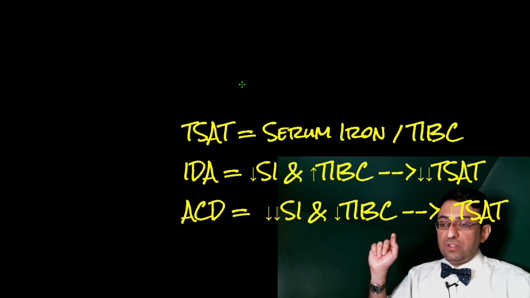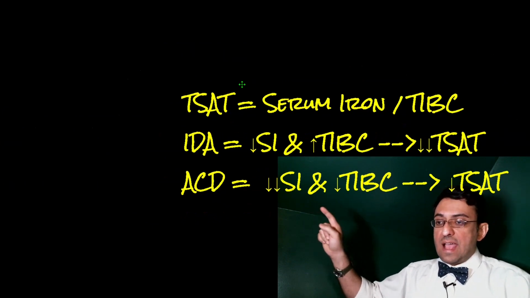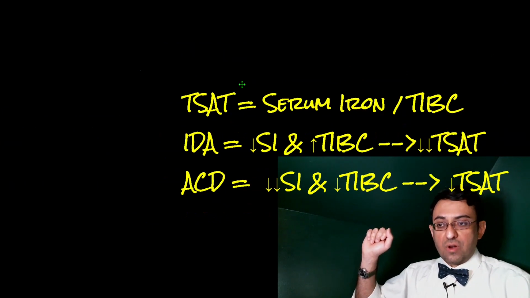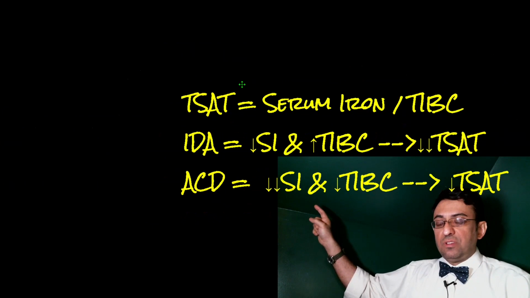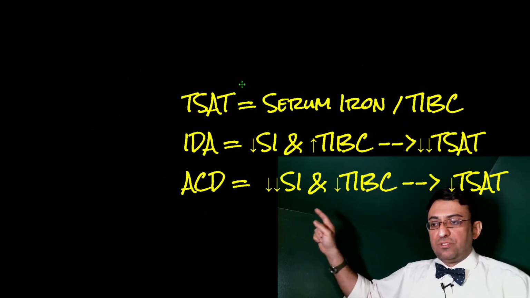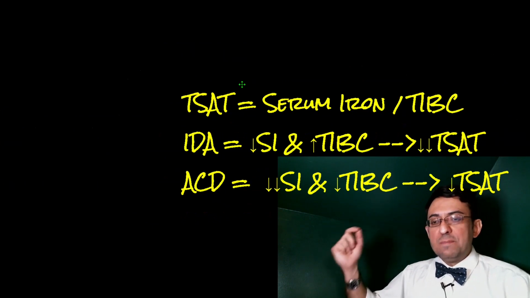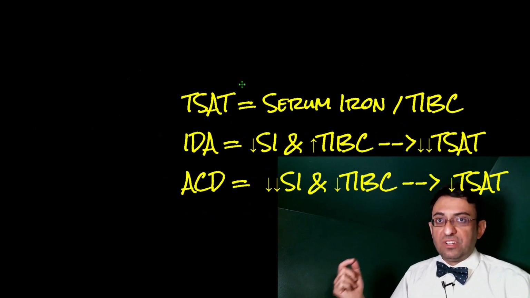Now, the question is why transferrin saturation is also low in anemia of chronic disease. Remember, both serum iron and TIBC are reduced in anemia of chronic disease. However, serum iron is decreased out of proportion to the decreased levels of TIBC, and that's because the main process of anemia of chronic disease is iron sequestration.